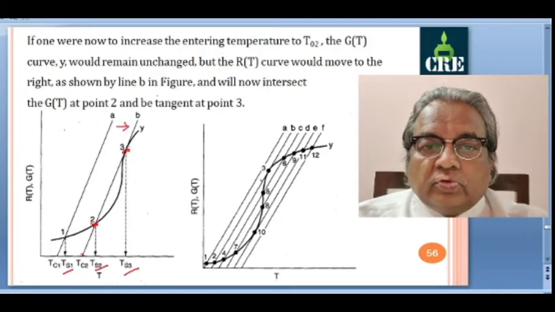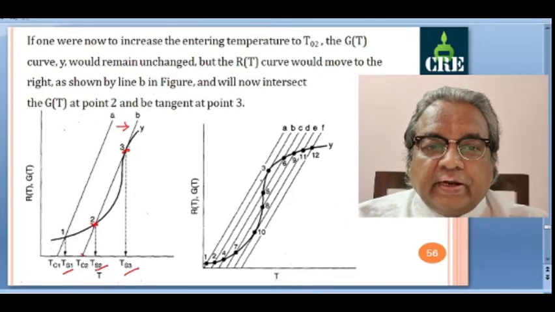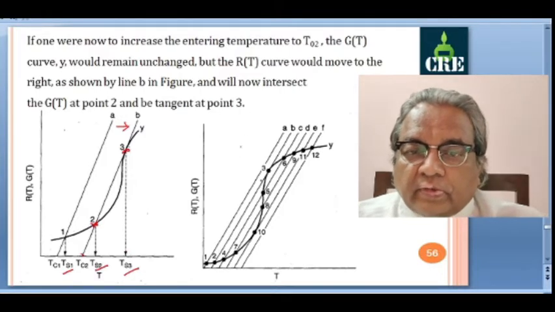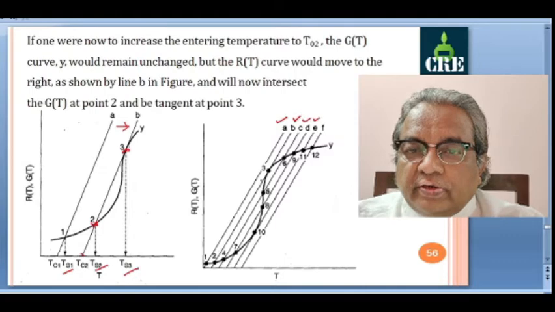It is intersecting at points 2 and 3, and we have denoted these steady states as Ts2 and Ts3. Similarly, if I consider the curve of this shape, see here A, B, C, D, E and F.